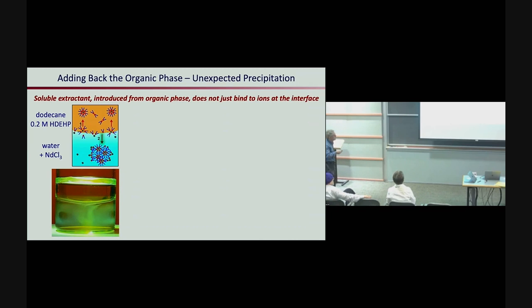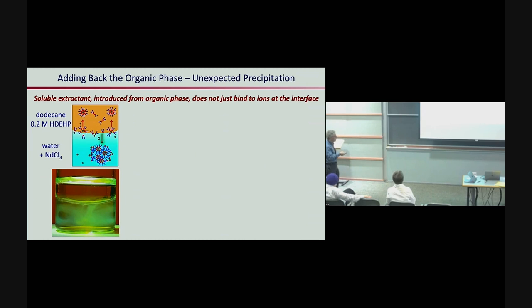So there are a number of things to notice here. Maybe I'll show that to you again, if I can go back. First of all, this is a time-lapse movie that actually took an hour to measure. And one of the things you see is a lot of precipitation forming in this lower phase.